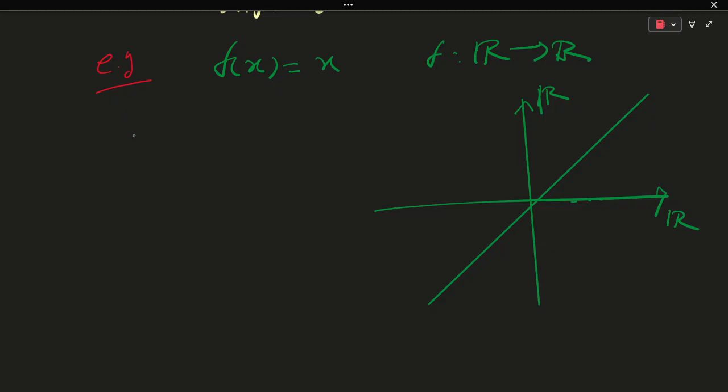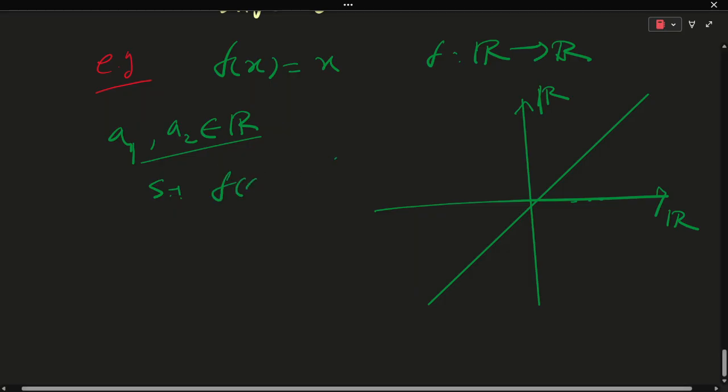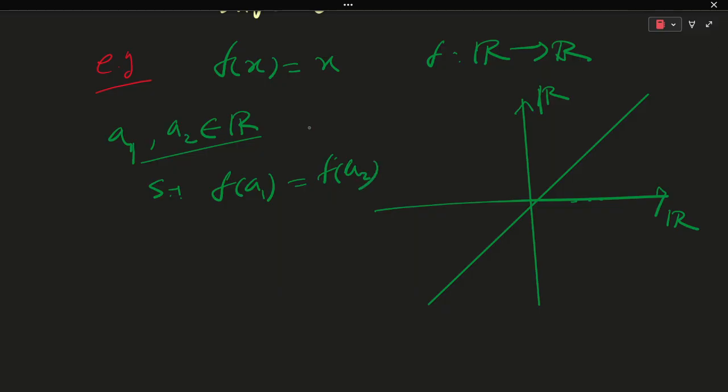Take any elements a1 and a2 from the reals. So f(a1) equals f(a2), and by definition f is x to x, right?